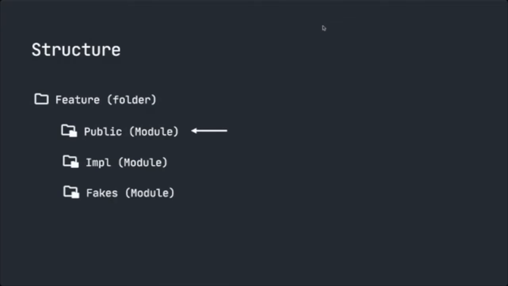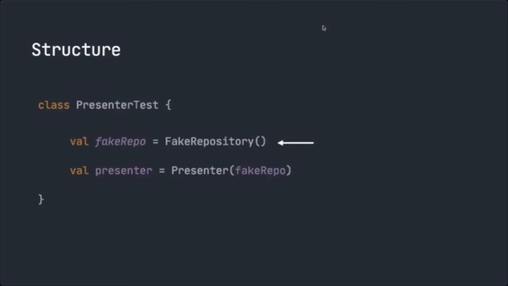So you could break apart your features like this, with all your fakes in a separate fakes module. This is really helpful in terms of structuring your code, your test code, and your actual implementations. Then you could create a fake repository and inject it into your presenter.